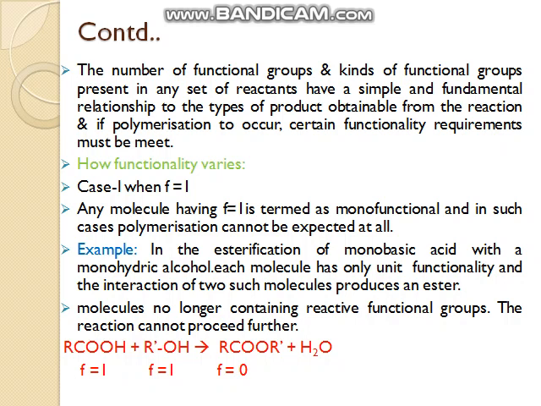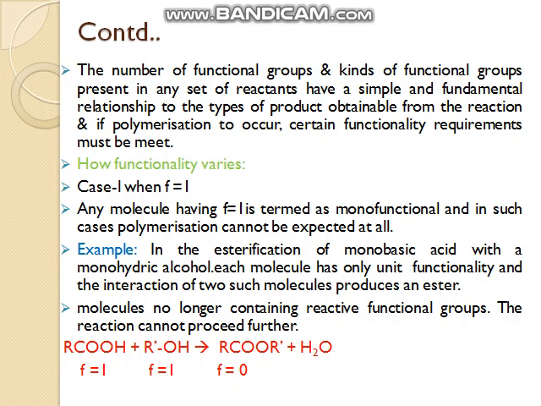For example, in the esterification of a monobasic acid with a monohydric alcohol, each molecule has only unit functionality and the interaction of the two such molecules produces an ester. The molecules no longer contain a reactive functional group, so the reaction cannot proceed further.